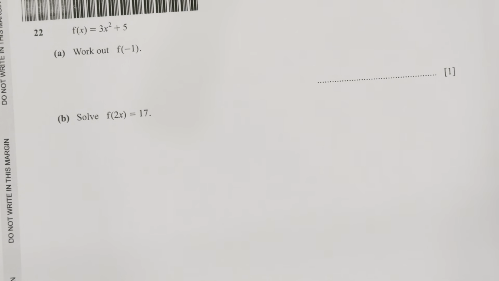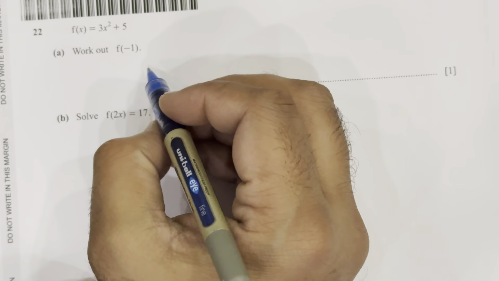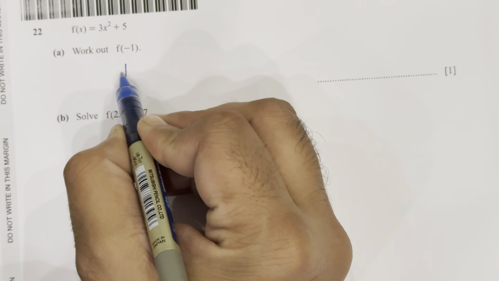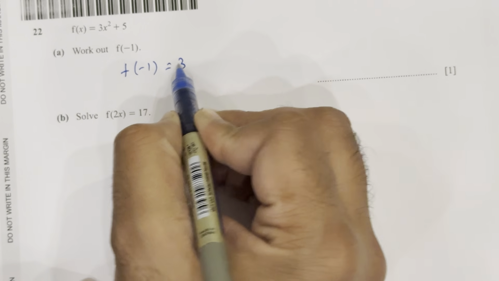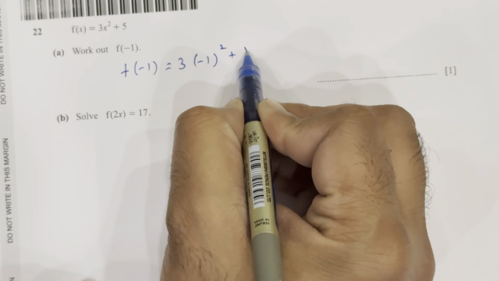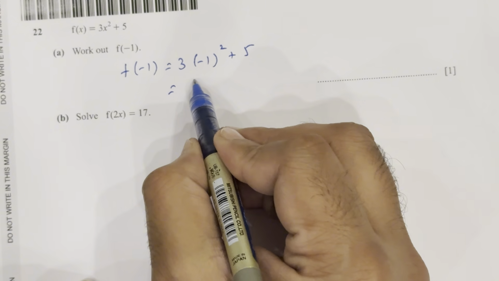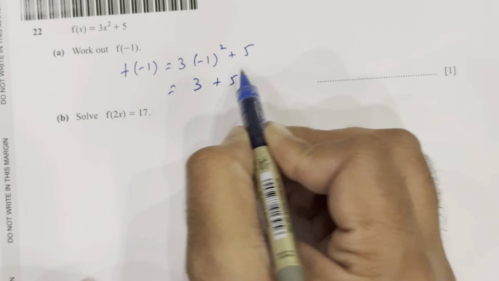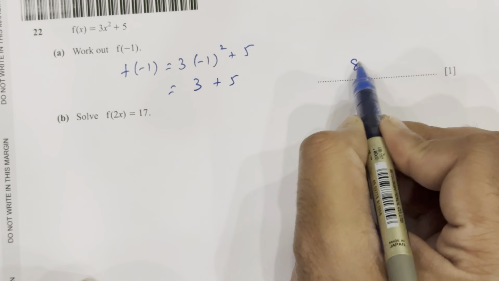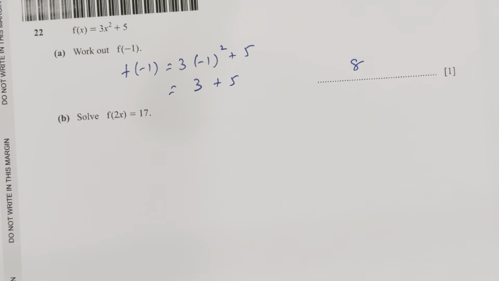Moving to question number 22. This is from the topic of functions. f of x is equal to 3x squared plus 5. Then f of minus 1 is equal to 3 times minus 1 squared plus 5, which is 3 plus 5, that is equal to 8. Then f of 2x is equal to 17.